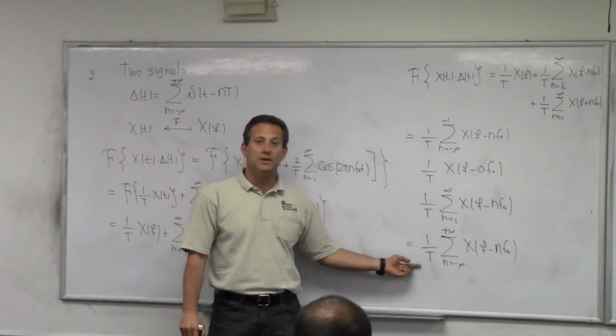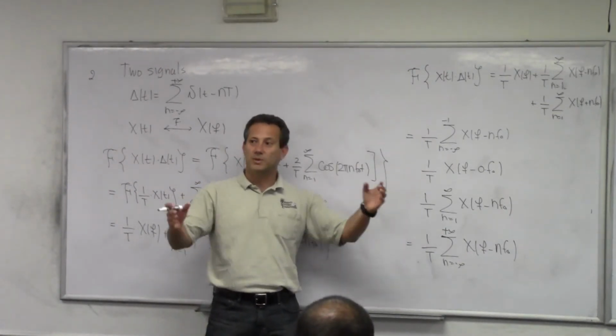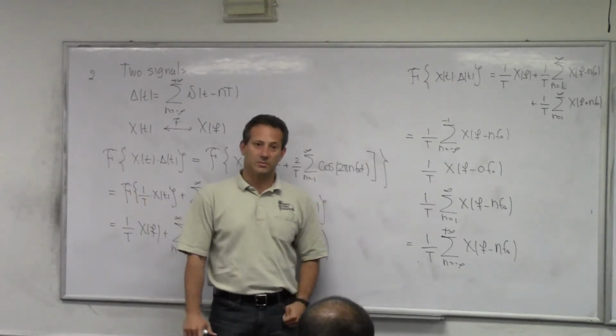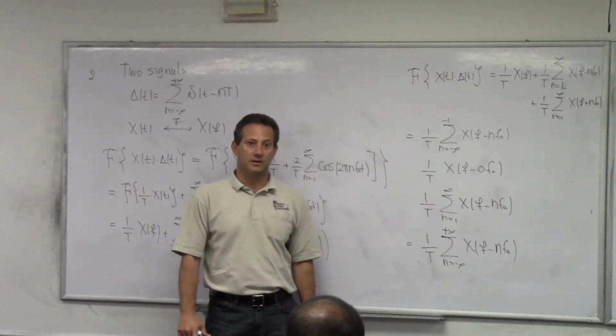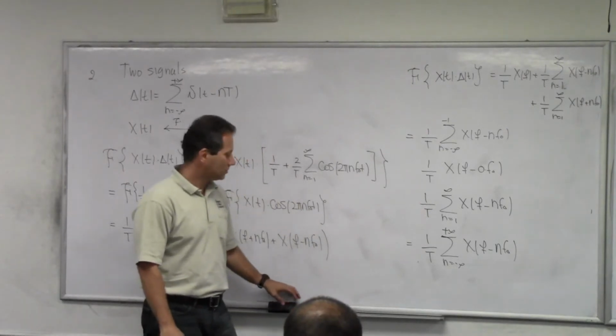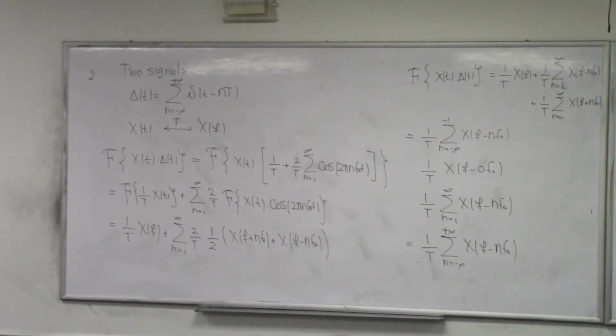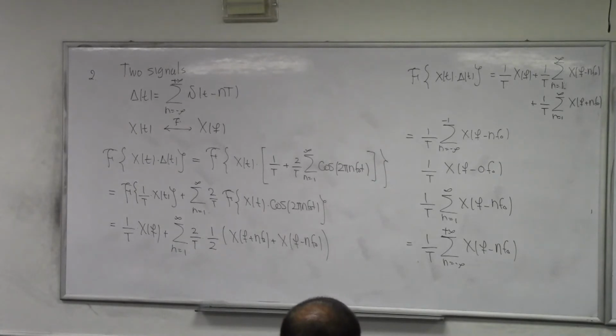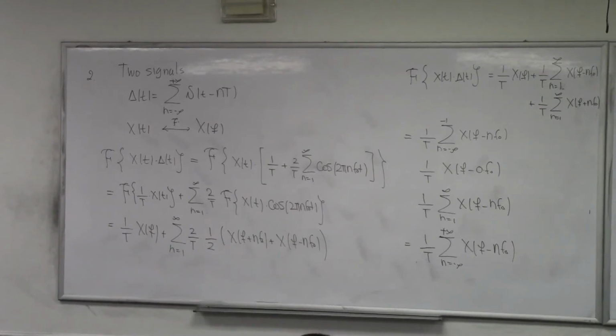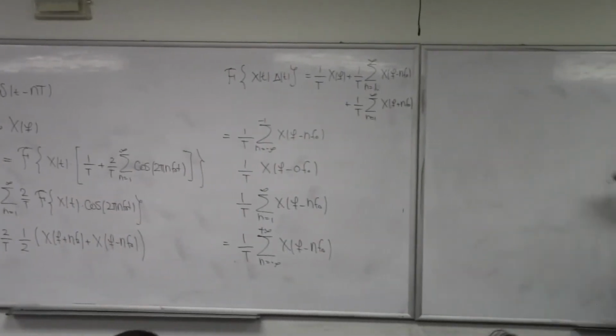We said that the sampling in the time domain performs the periodic extension of the spectrum of the signal in the frequency domain. Remember? Let me draw this because I want you to remember this picture. So here's where we start.